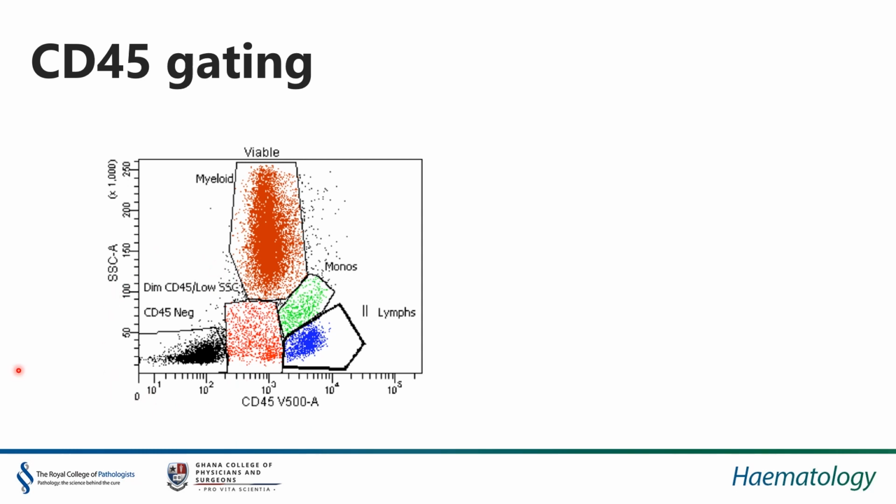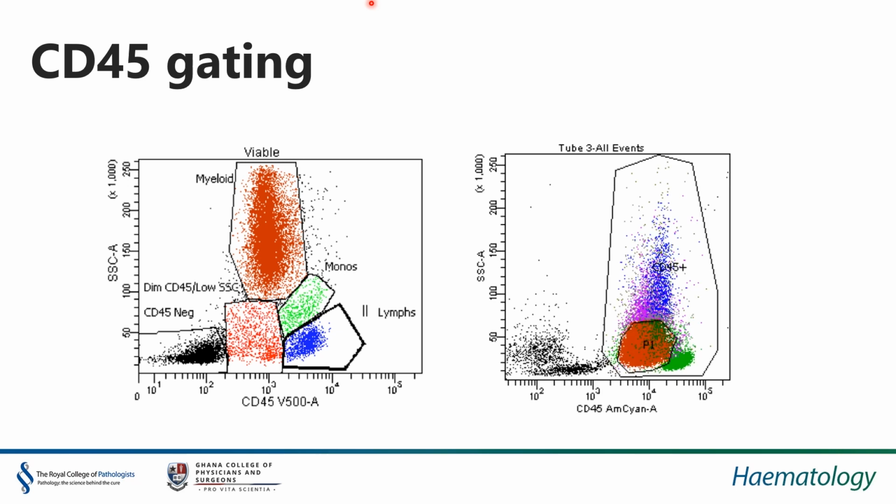So if this is our normal person on the left-hand side here, you can see on the right-hand side we've got again a CD45 plot versus side scatter on the y-axis. And you can see you've got your debris area falling down here. You've got your lymphocytes over here with a stronger CD45 expression.